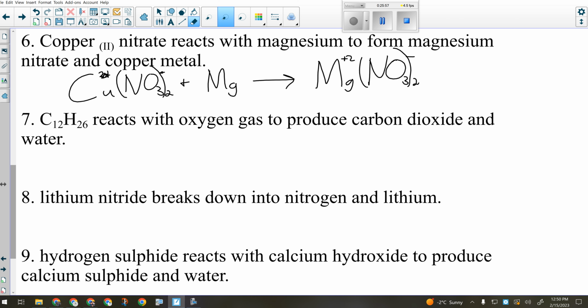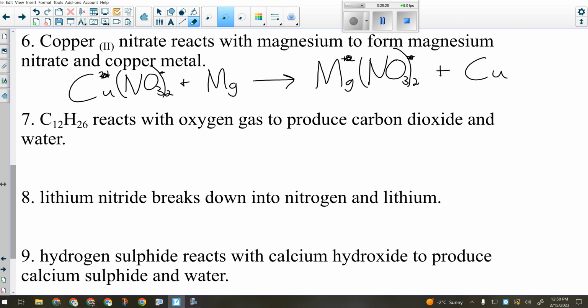We're going to have brackets and a 2 outside of the brackets, and copper. All right, so I think I've dropped and swapped everything correctly, so I don't have to worry about any of that, and that's important because if I don't swap and drop something, then it won't balance correctly. Okay, and I don't have any special elements. Copper isn't special, it doesn't come as a 2, so I've kind of double checked that.